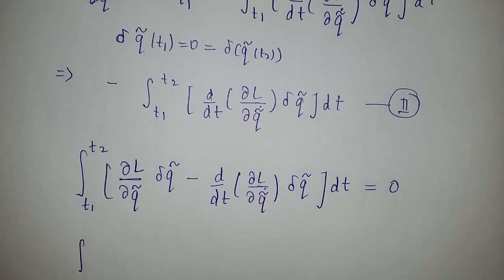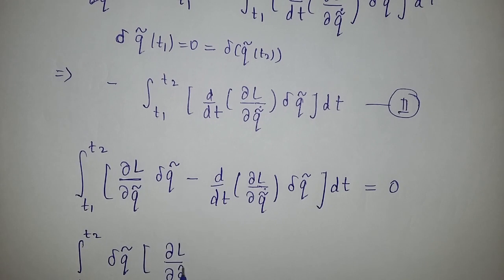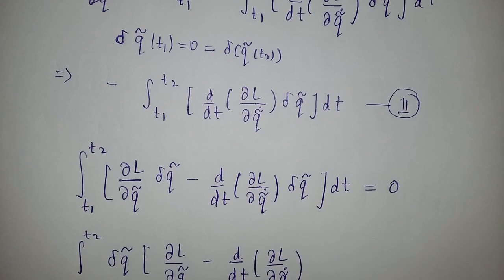Now take delta q tilde out of this square bracket, so this becomes delta q tilde times [dou L upon dou q tilde minus d by dt of dou L upon dou q tilde dot] dt equal to 0.